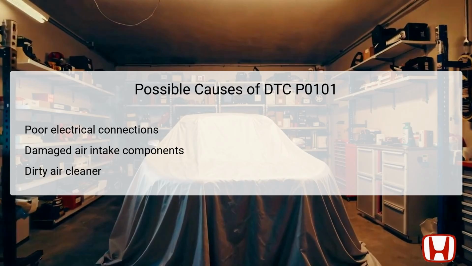A dirty air cleaner element can also hinder airflow, affecting the MAF sensor's ability to measure air density accurately. These root causes must be thoroughly investigated before proceeding with advanced diagnostics, as resolving these issues can sometimes immediately rectify the DTC without further troubleshooting.